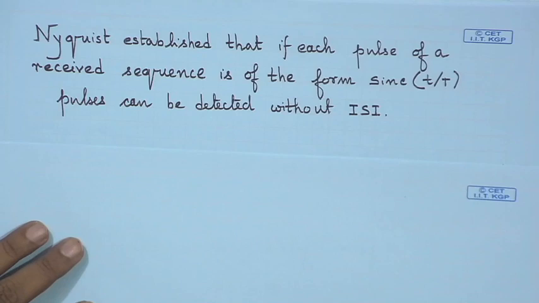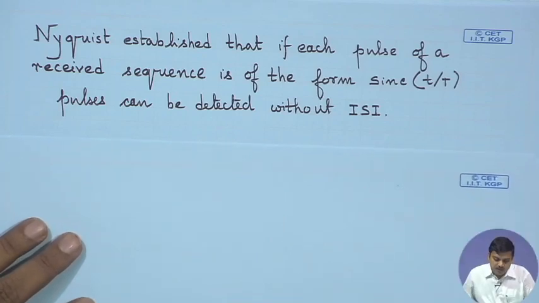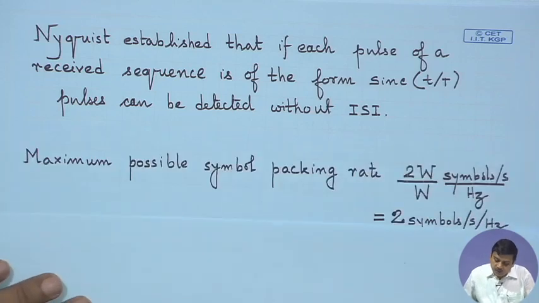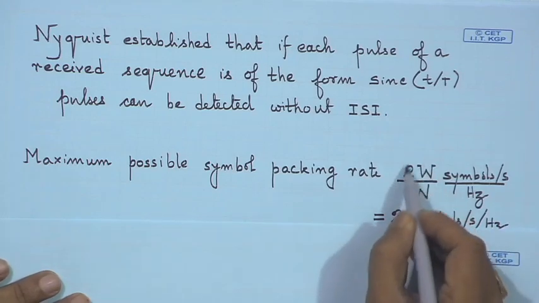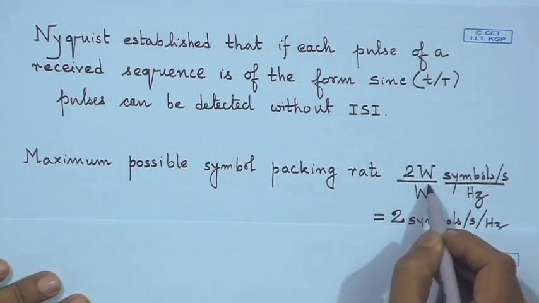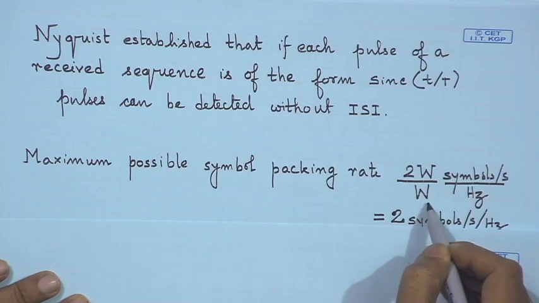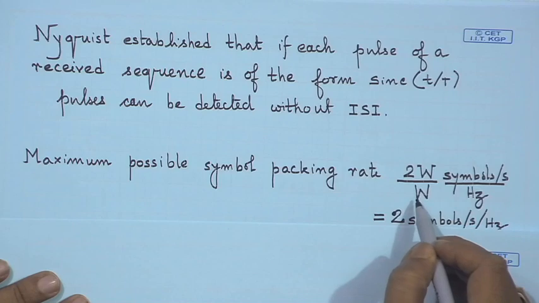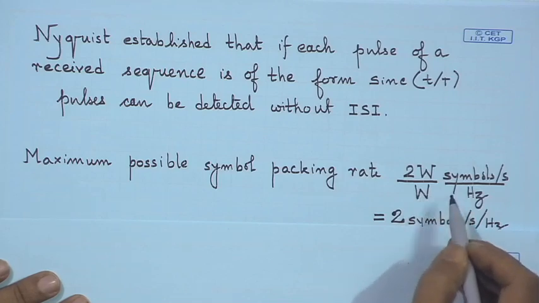So, he established that if the pulse of a received sequence is of the form sinc(t/T), pulses can be detected without ISI. And the maximum possible symbol packing rate is 2W symbols per second over a bandwidth of W, or you can think of Rs symbols per second over a bandwidth of Rs/2, it results in the same thing.